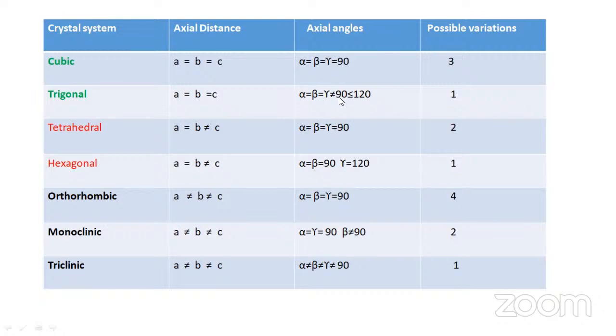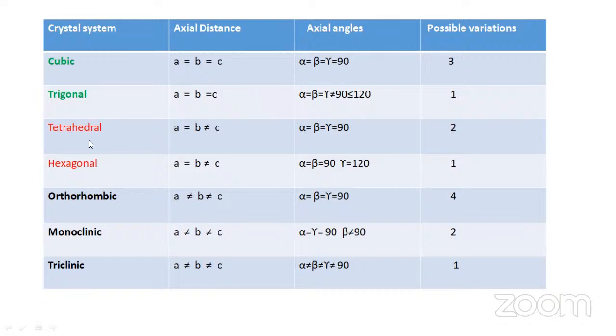Understood? In trigonal, all the angles are equal, but those angles are not equal to 90, and each is less than 120. All of you understood, Nana? Alpha is equal to beta is equal to gamma, but it is not equal to 90. The angle is less than 120.